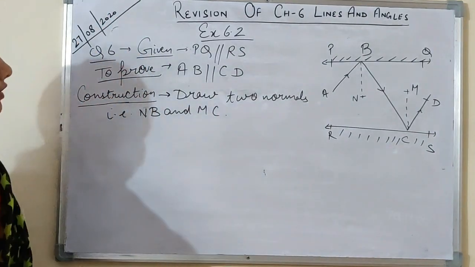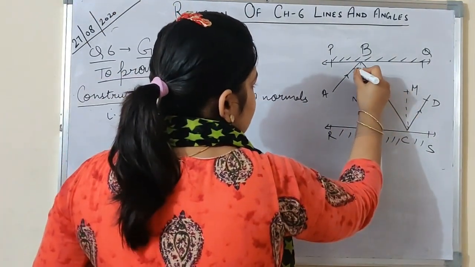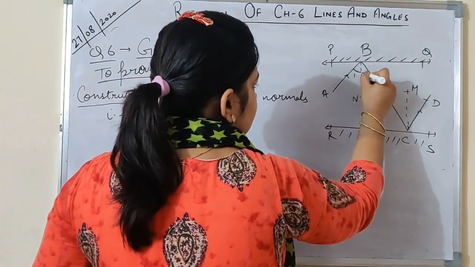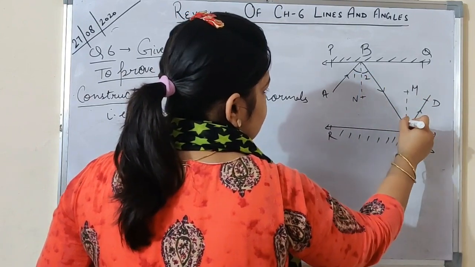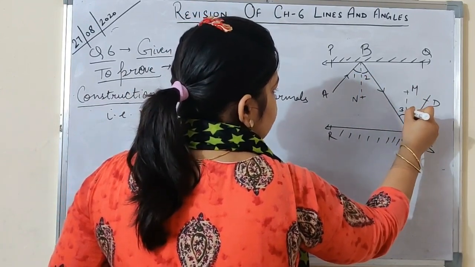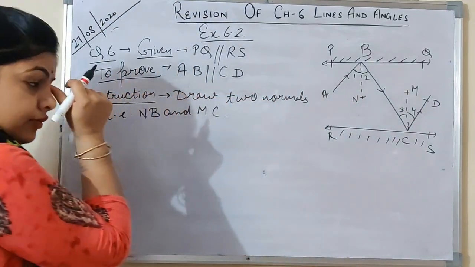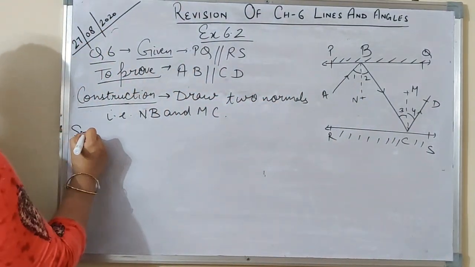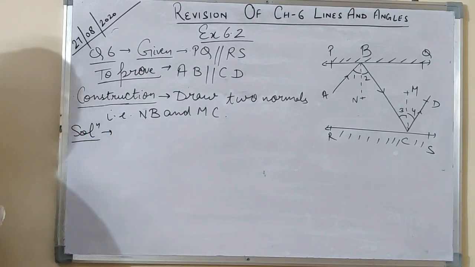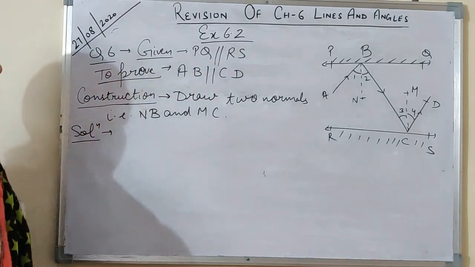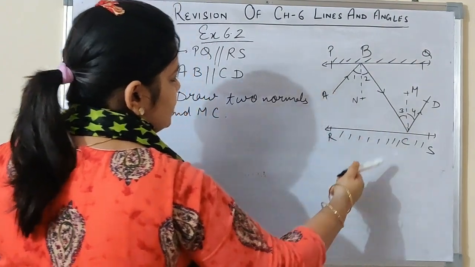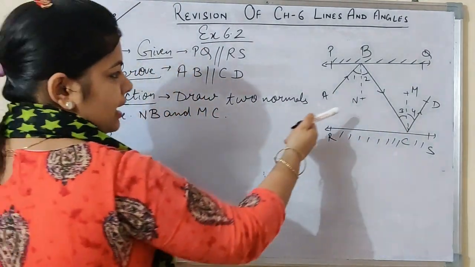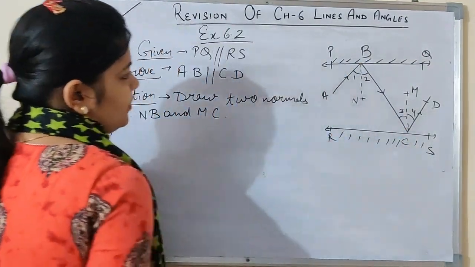After that, as we know that they are acting as normals, that means they bisect angle ABC. That means angle 1 is equal to angle 2 and angle 3 is equal to angle 4. Now, in our solution, we can write that as NB is acting as a normal and MC is acting as a normal, we can write that NB is parallel to MC.